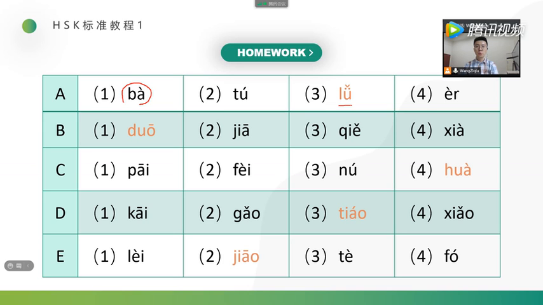L, U, 履，履。二，二。多，多。加，加。This one. 鸡 and 鸭，加。Next one. 七 and 耶.